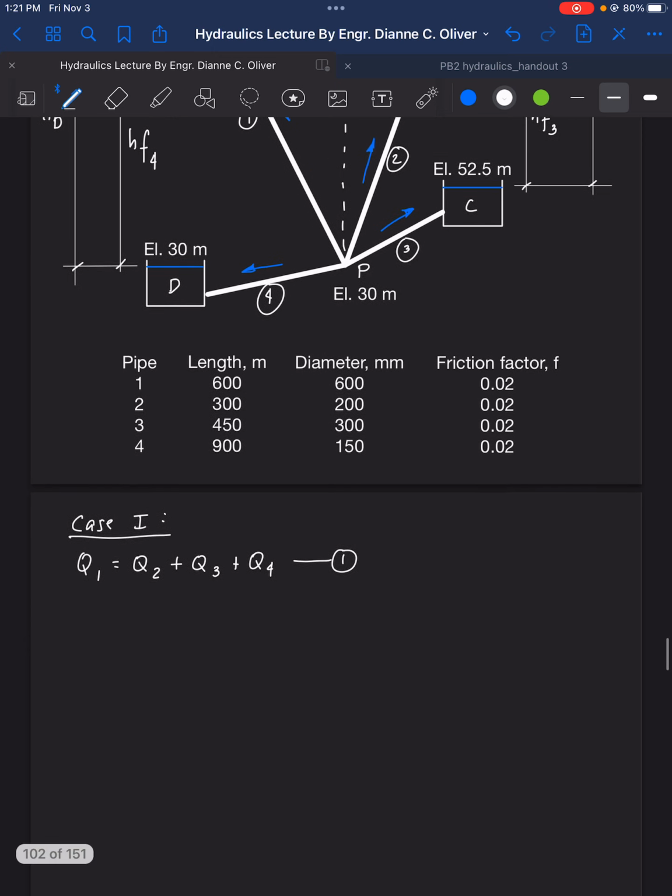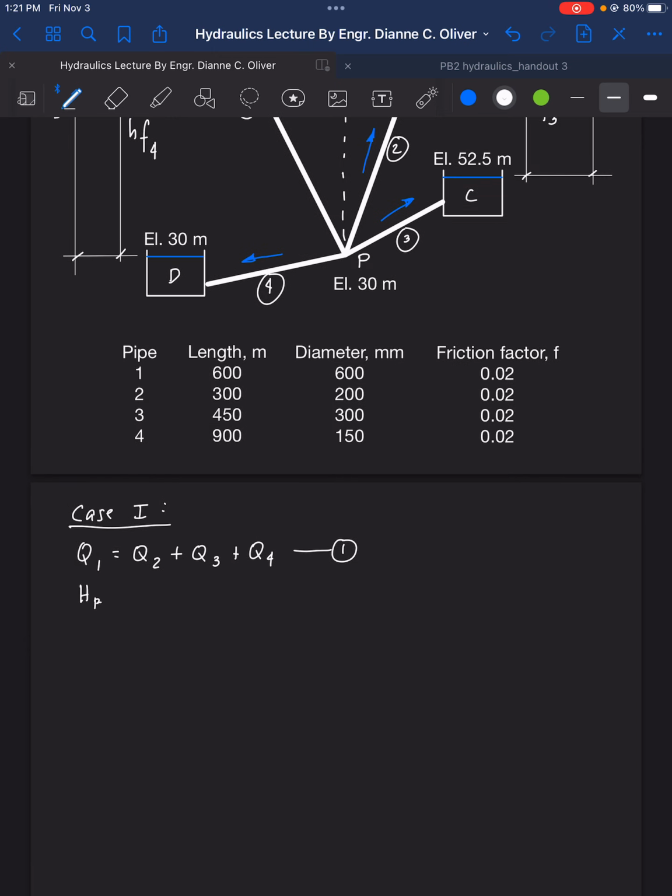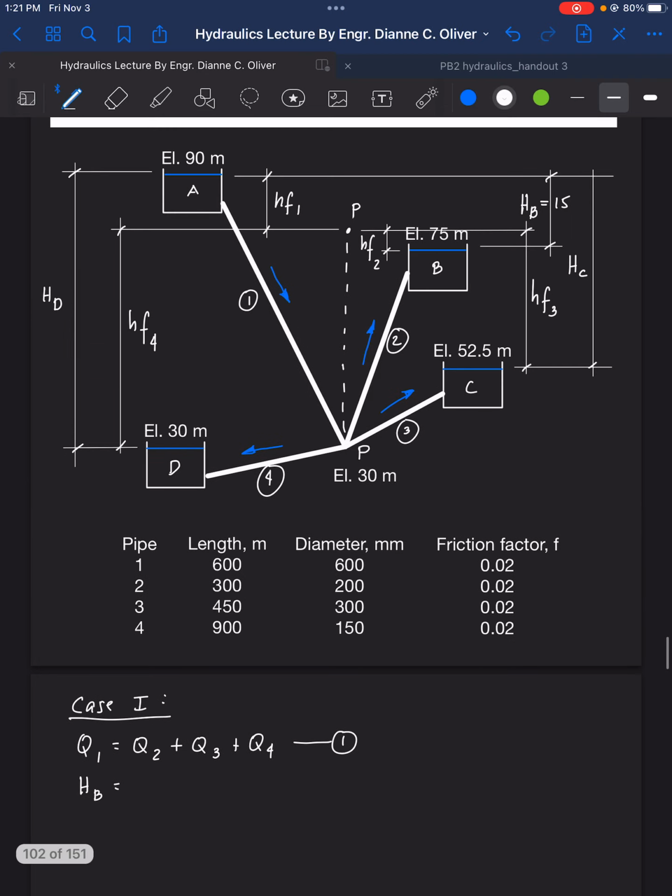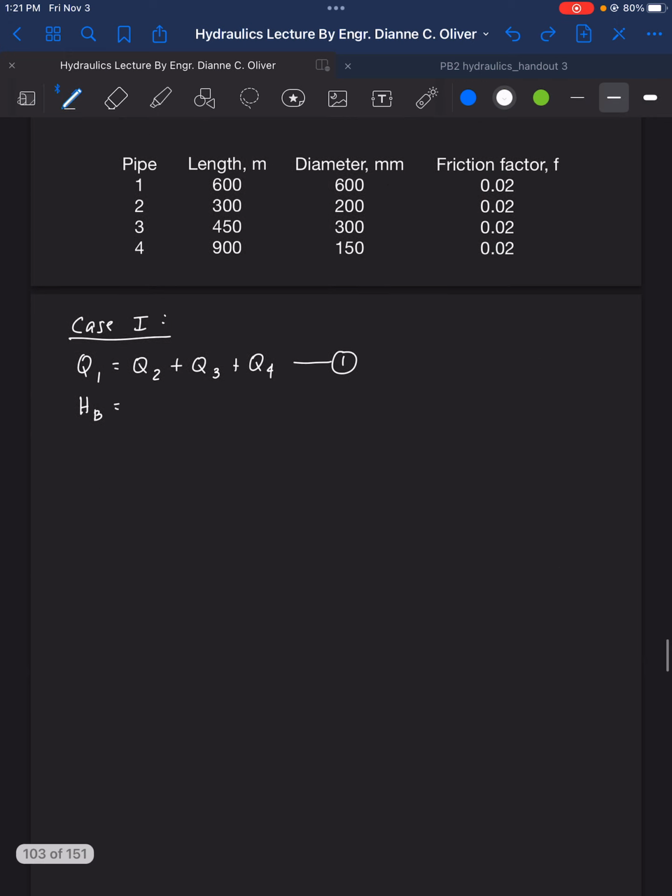So HB is equal to HF1 plus HF2. So as you can see here, HF1 plus HF2, that will be your HB. And that is equal to 15 meters. And that is our equation number 2.